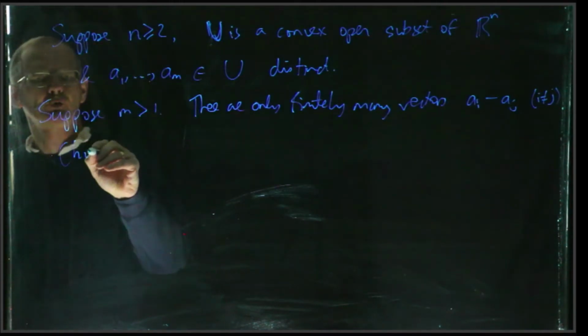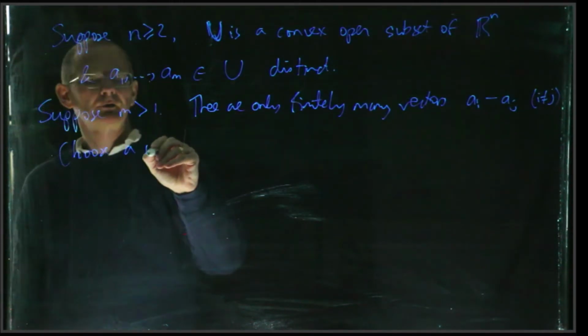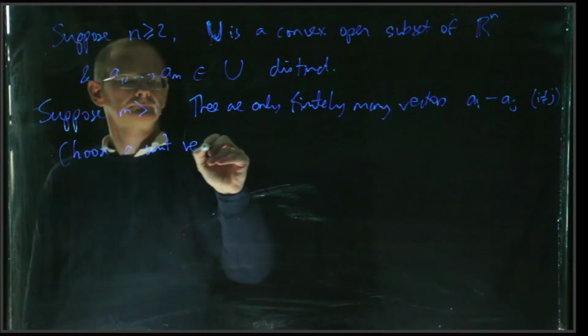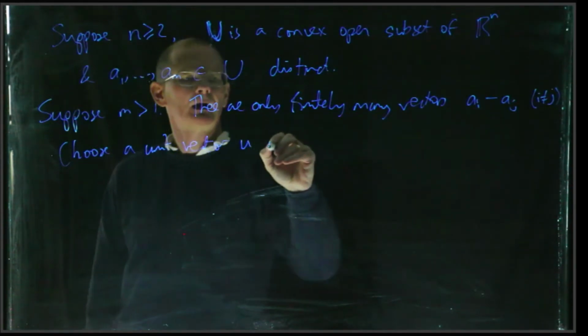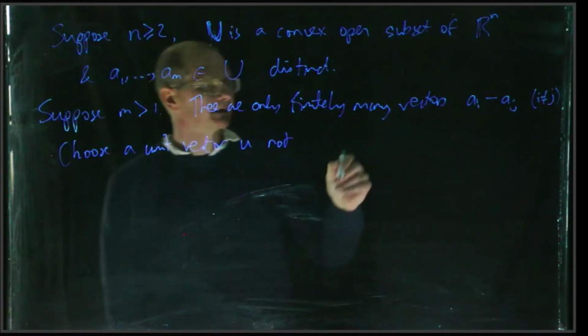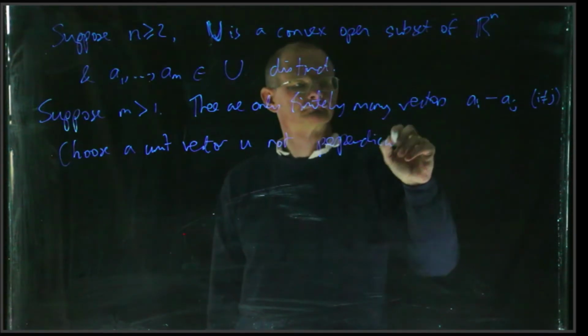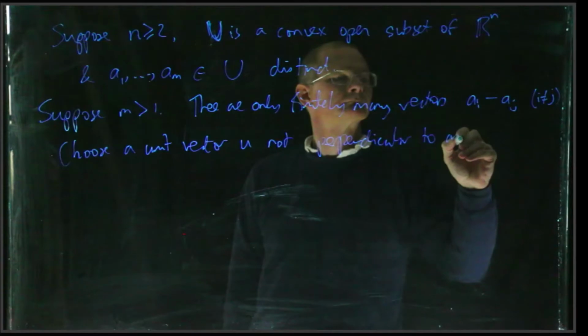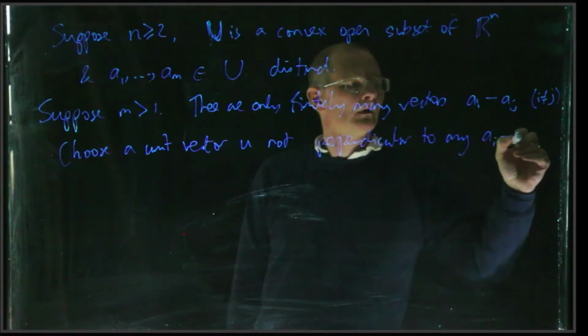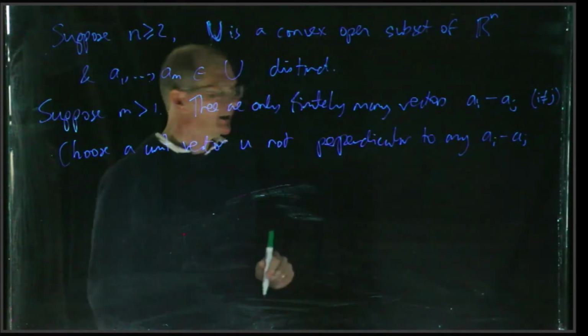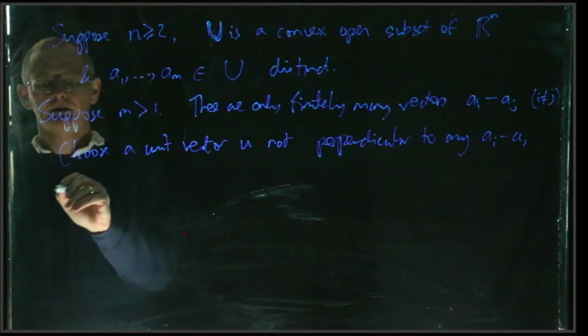So we can choose a unit vector u that's not perpendicular to any of these a_i minus a_j's.